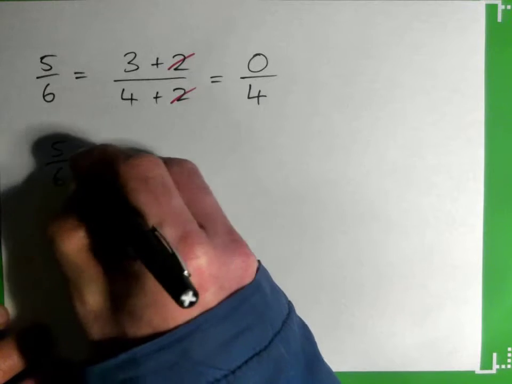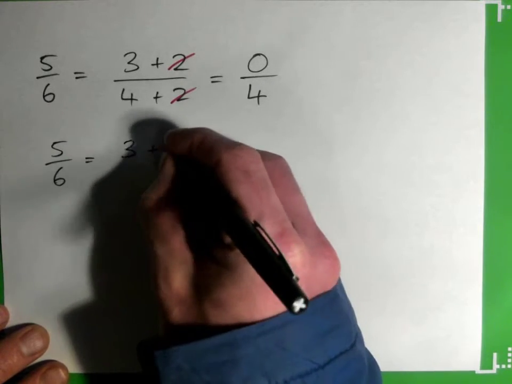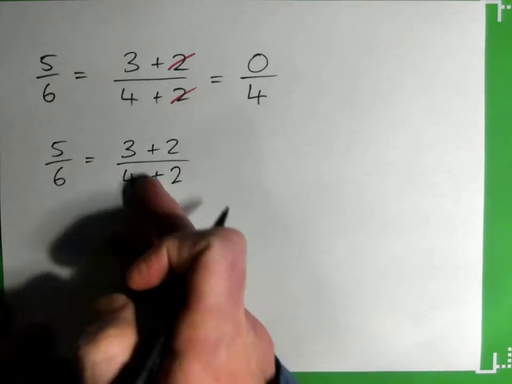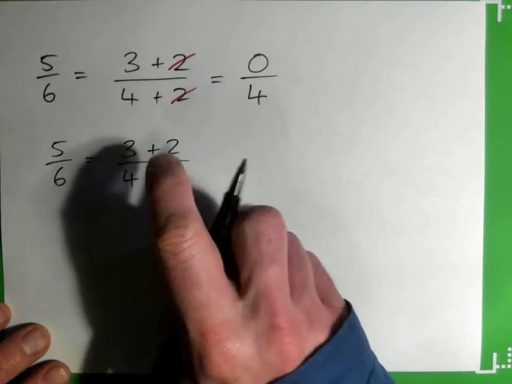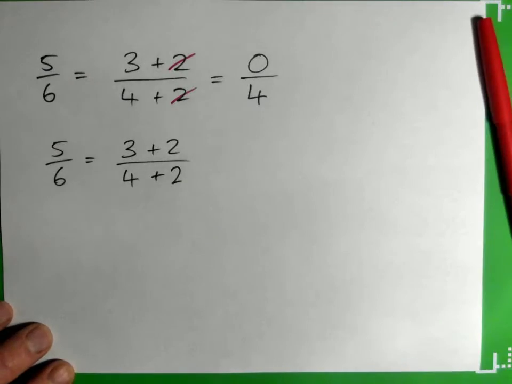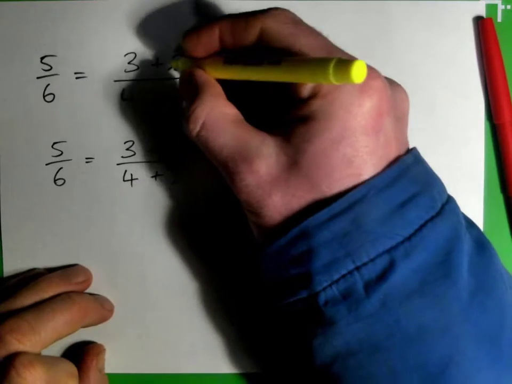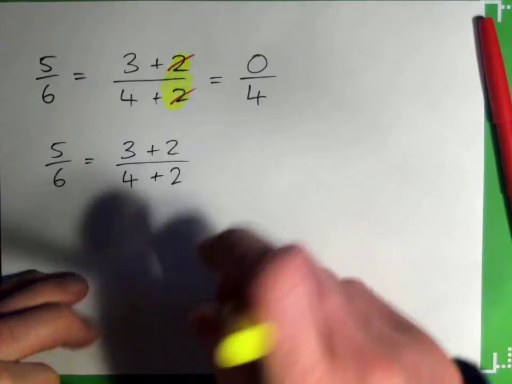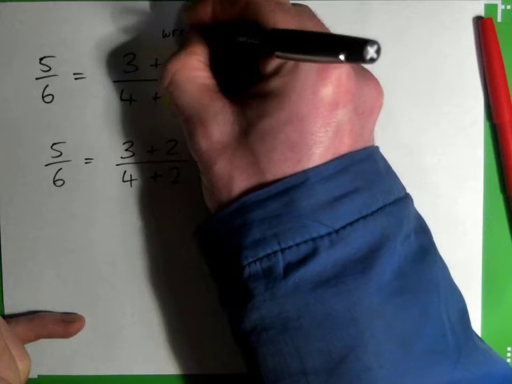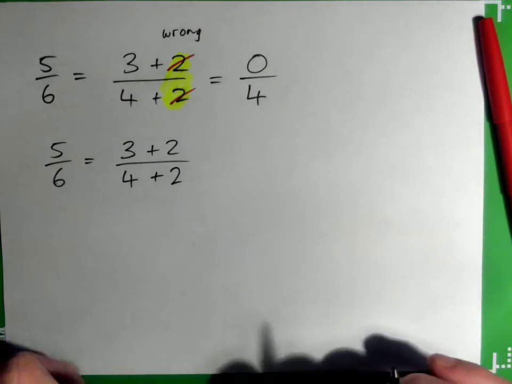I mean, 5/6, 5 is 3 and 2. 3 and 2 makes 5. That's okay. 4 and 2 makes 6, okay? You can't cross cancel when you've got things being added or subtracted on the top. So this part here where they're cross cancelling, that's wrong, right? You can't do that because you've just changed the fraction, right?